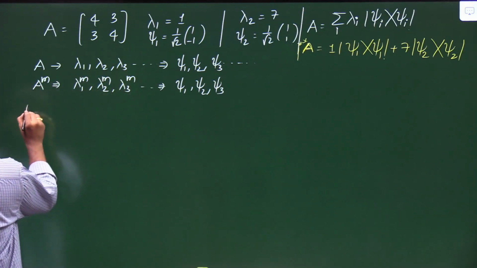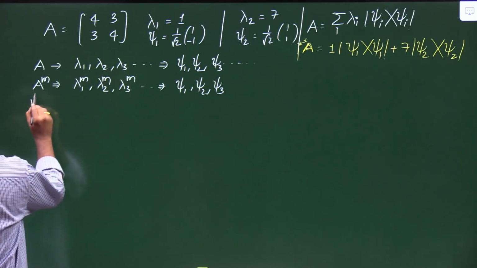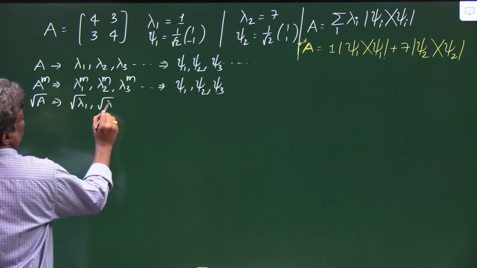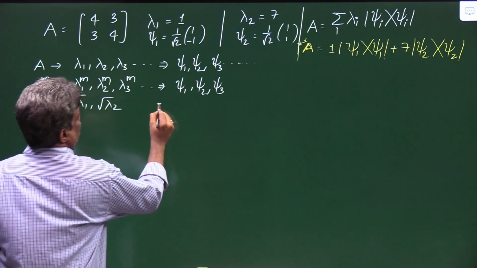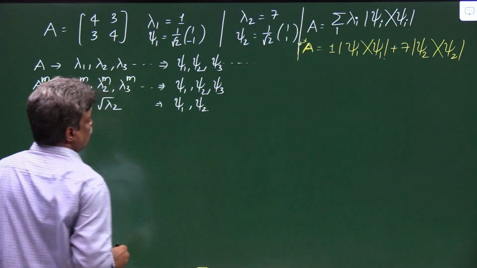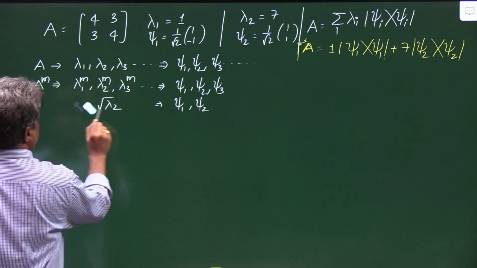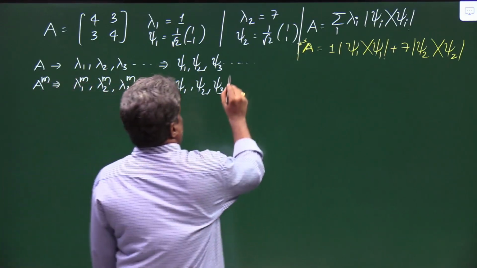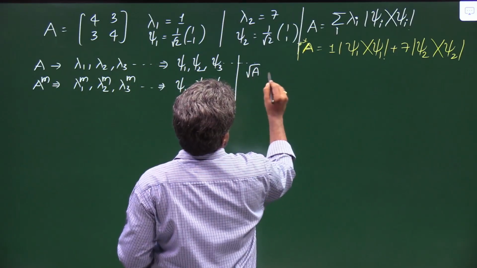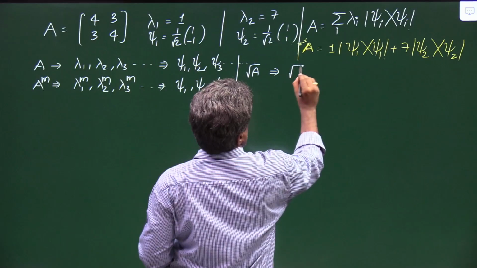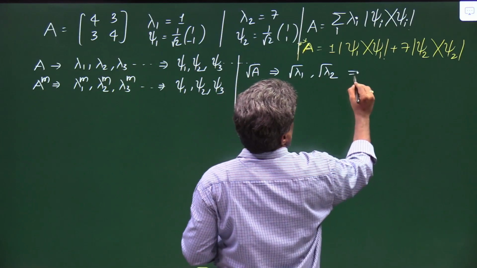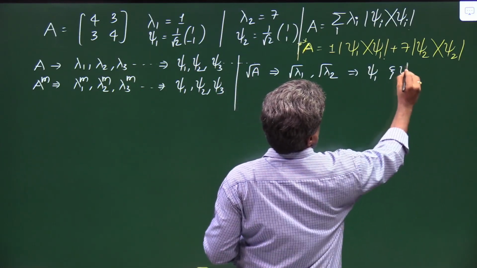So similarly, if I take square root of A, I get root lambda 1, root lambda 2, and the corresponding eigenvectors are the same, psi 1 comma psi 2. So by using this technique, the eigenvalues of root A are simply root lambda 1 comma root lambda 2, but the corresponding eigenvectors are psi 1 and psi 2.